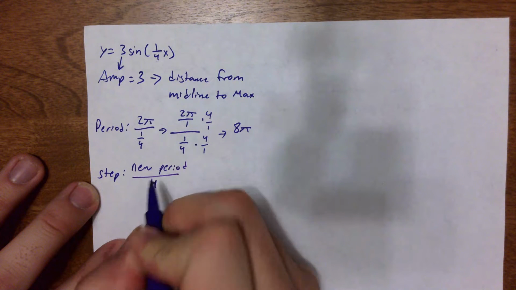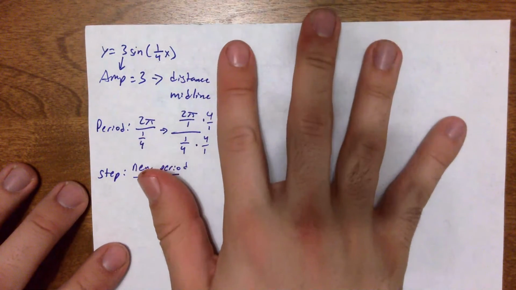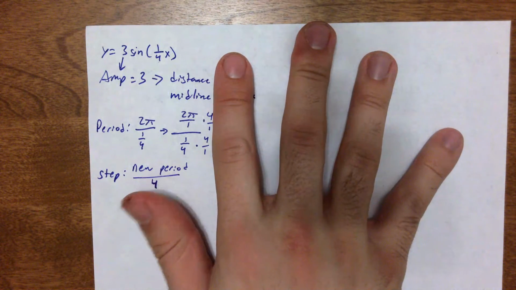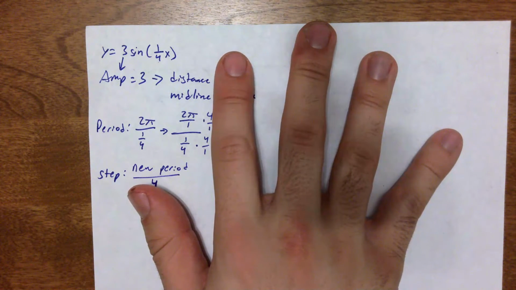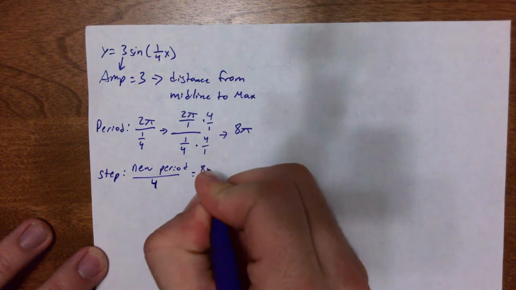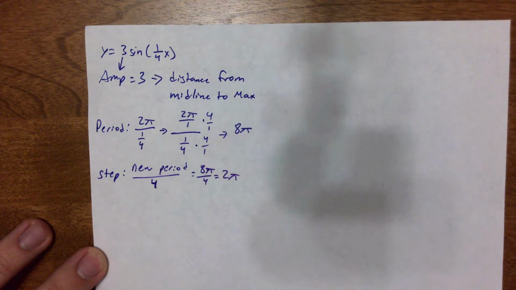We pick 4 because sine has 5 points. So if I have 5 points, 1, 2, 3, 4, and 5, that means that I have 4 spaces along the way. So I'm dividing by 4 to get how big that spacing is. So we're going to take 8 pi divided by 4. That means my step is 2 pi.